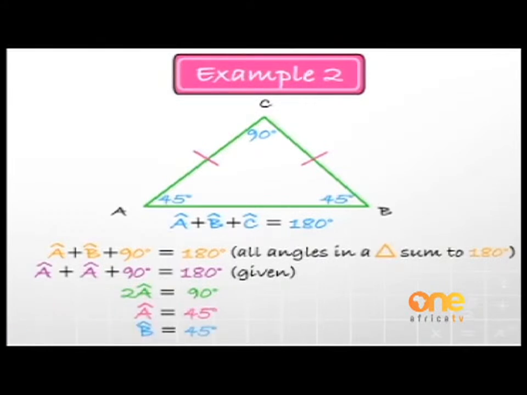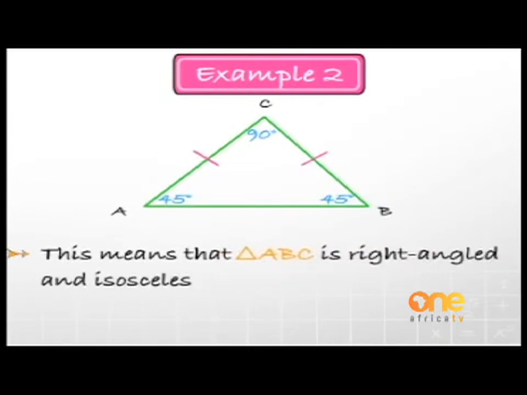Hence, angle B is also equal to 45 degrees. This means that triangle ABC is both right-angled and isosceles if angle A is equal to angle B, which is equal to 45 degrees, and angle C is equal to 90 degrees.